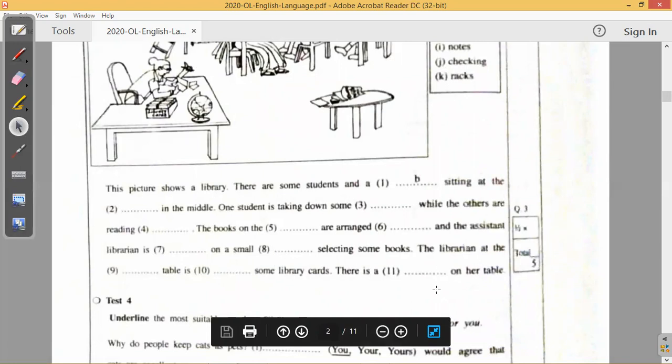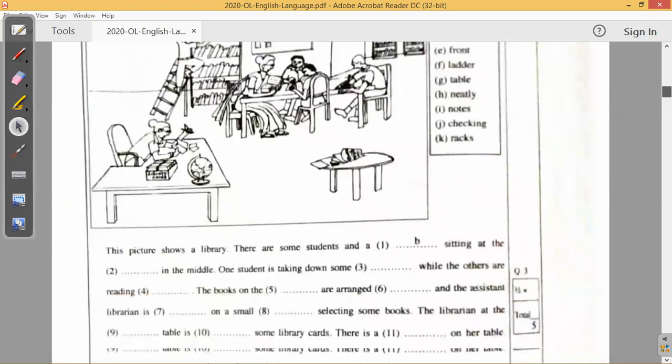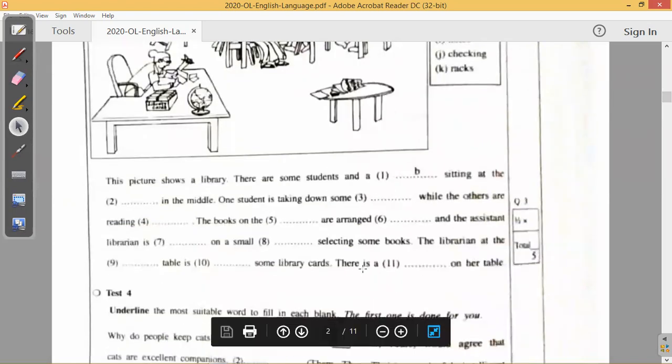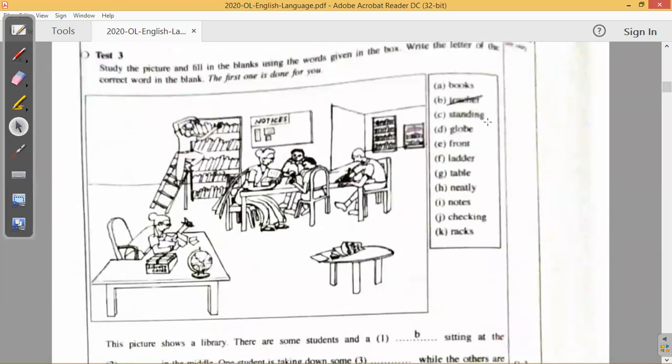There is something on her table. What's that? Let's check that. What's that? Books? No, it can't be books, because if it's books, this has to be are. There are. So it shouldn't be books, right?